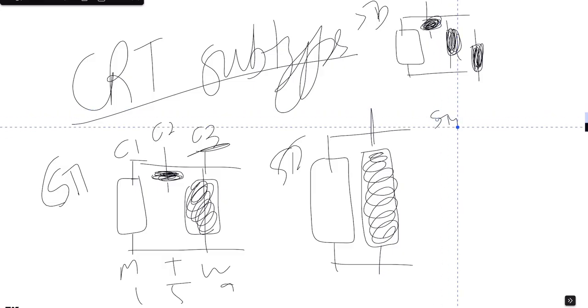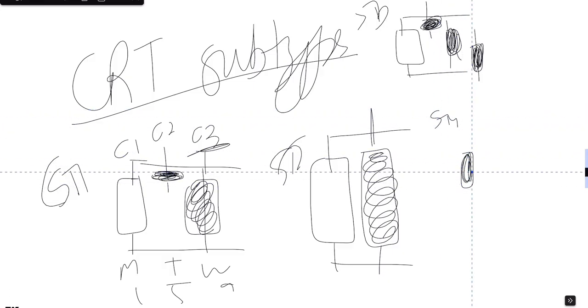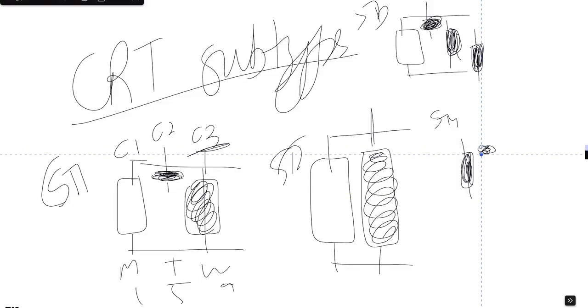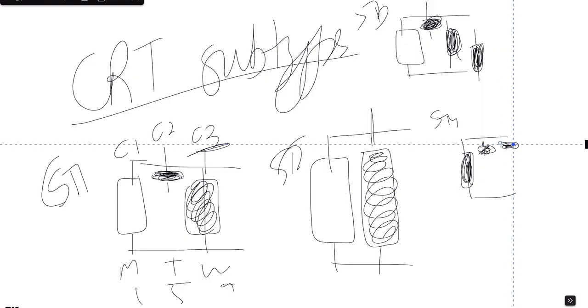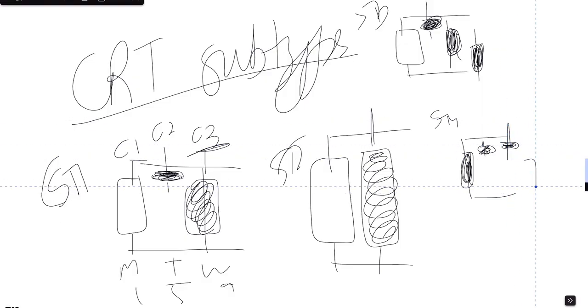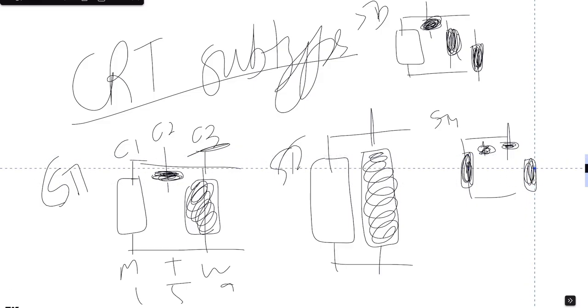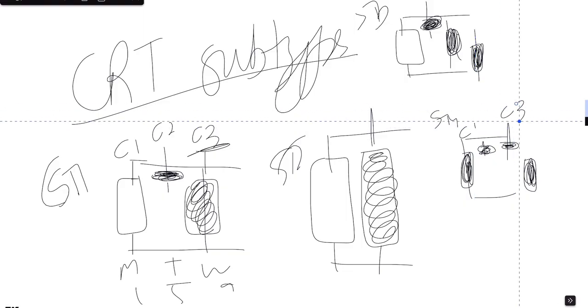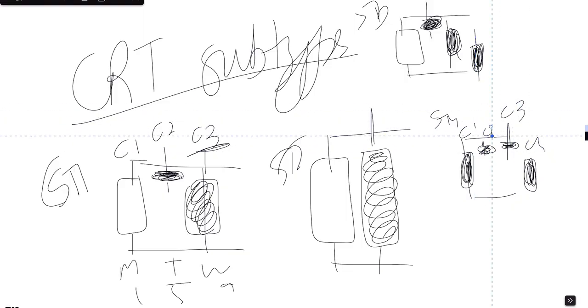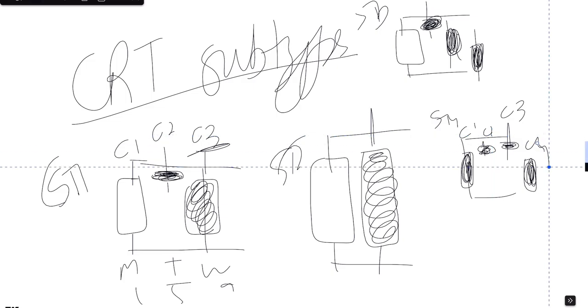Subtype 4 is candle 1, and then there's a pause inside candle, and then there is candle 3 as manipulation, and candle 4 onwards is distribution.